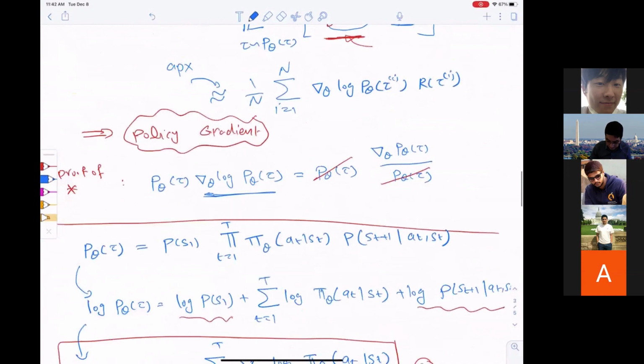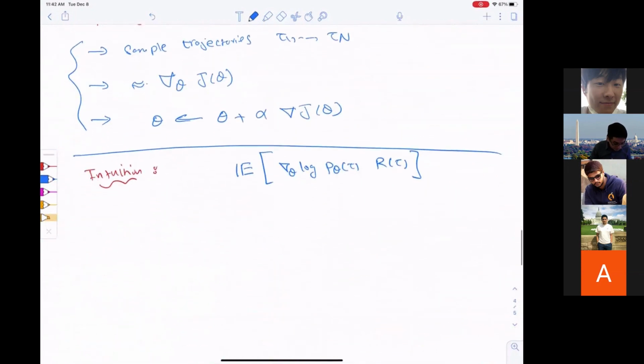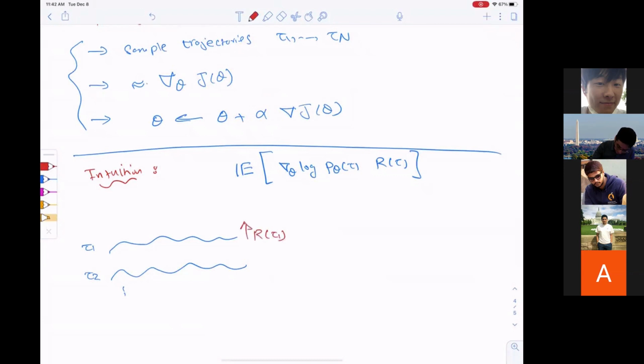Now, what that says is that if you have different trajectories, let's say you generate tau 1 here, you generate another trajectory, tau 2. So let's say the reward that you get here is large and the reward that you get in another trajectory is low.